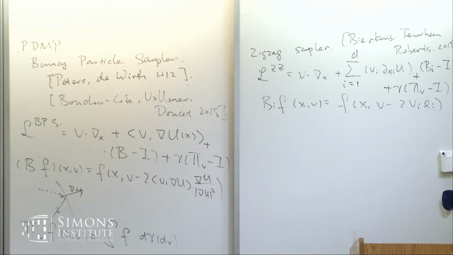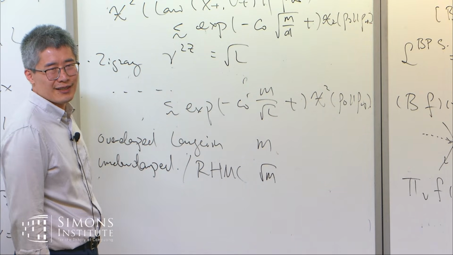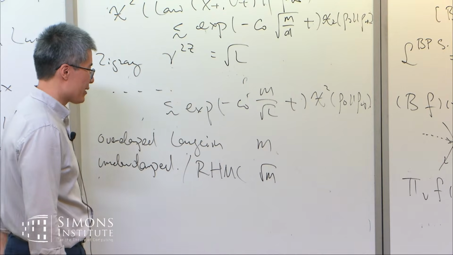Also for Zigzag, the rate is slightly worse. Let me just remark again that Zigzag is really for things that have this coordinate structure. Then you can improve these Lipschitz constants to coordinate Lipschitz constants, as in coordinate descent algorithms, so that it could be much better. But these are the worst case bounds.